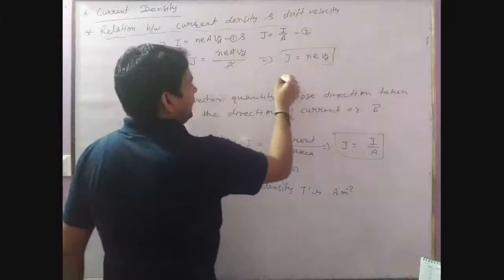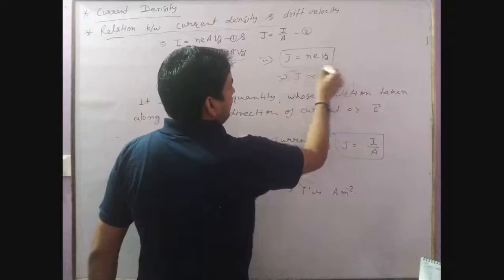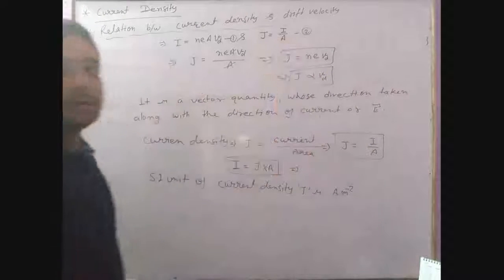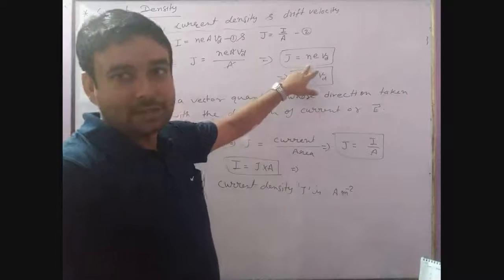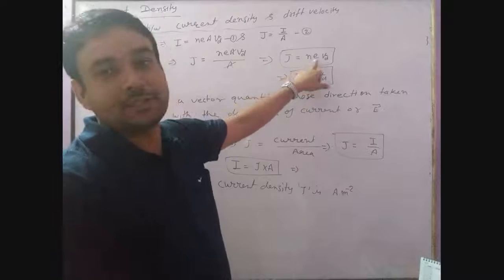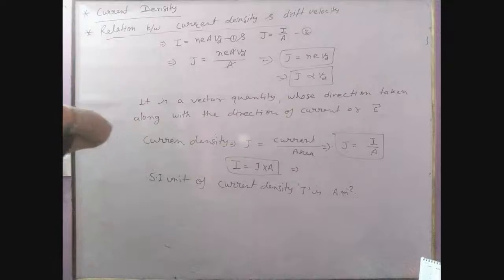Here we again find that J is directly proportional to the drift velocity of the electrons in the conductor. Here n is number density of electrons and E is the charge on each electron.